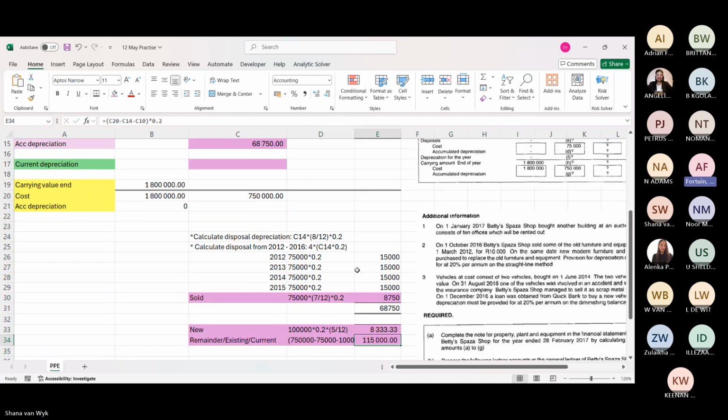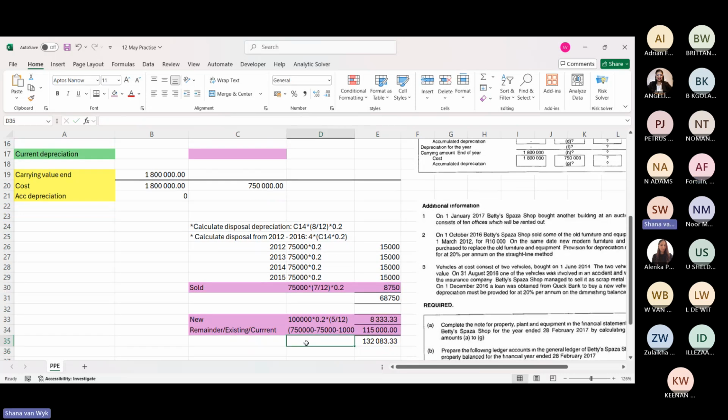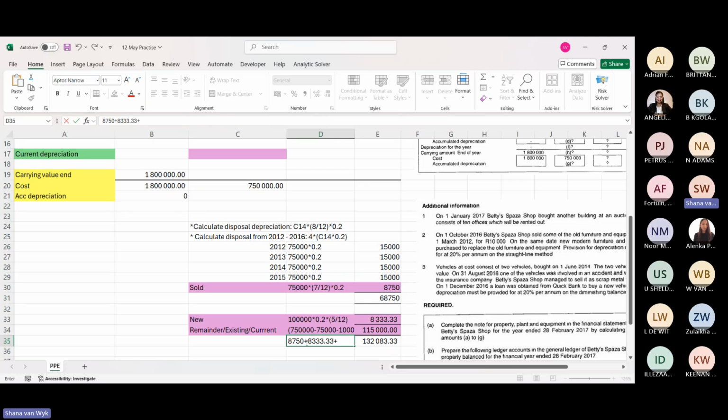Now when you add it up in the next line, just go equals 8750 plus 8333 plus 1,5,1,2,3. There it is.